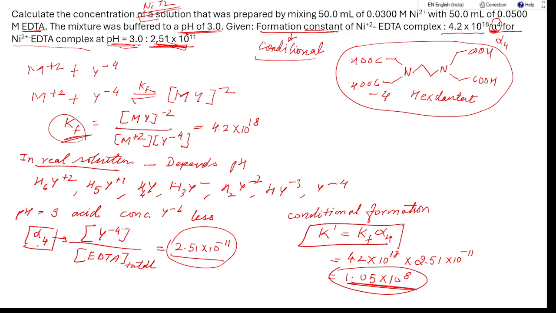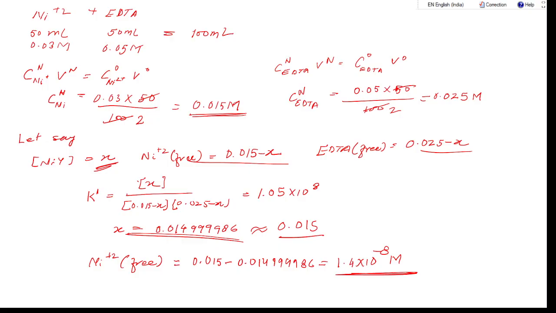Because we already calculated the fraction, for the conditional formation constant, this is the formula where you multiply this fractional constant by the actual formation constant, and you will find the value of this K. Then we calculated the new concentration of nickel ion as well as the concentration of EDTA, and then we apply the same formula. Obviously, in the formation constant the formula is not going to change if we are calculating directly from the ions present in the solution.